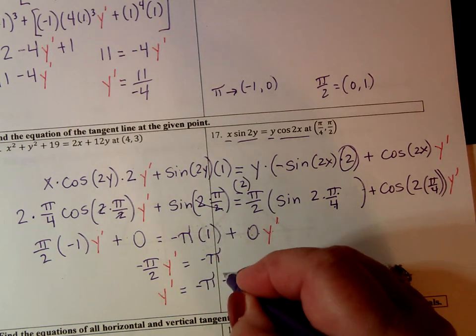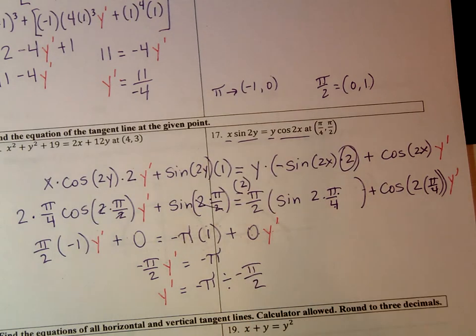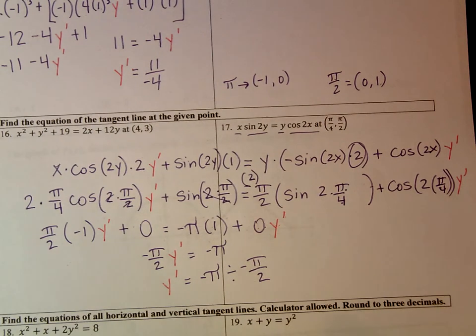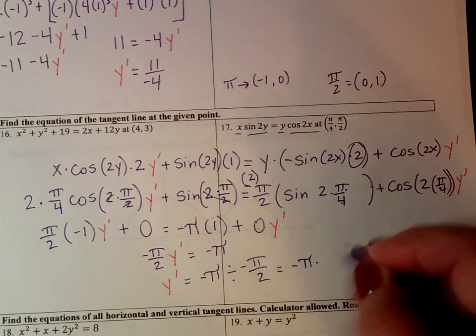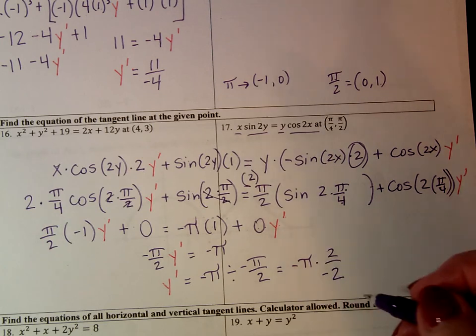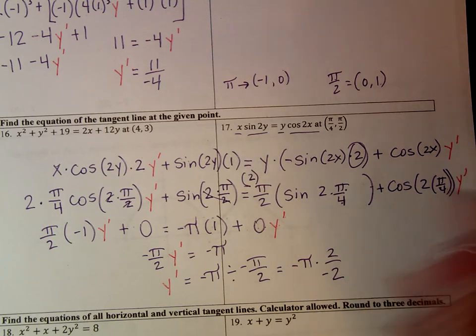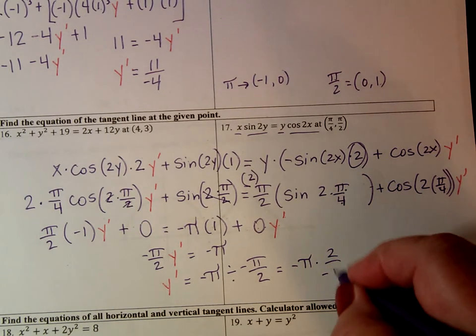Now I went horizontal on you because I'm going to keep change flip, otherwise I'd have a complex fraction. So negative pi times 2 over negative pi. I'm saying the right thing and writing the wrong thing. The negatives cancel, the pi's cancel, and I get an answer of 2.